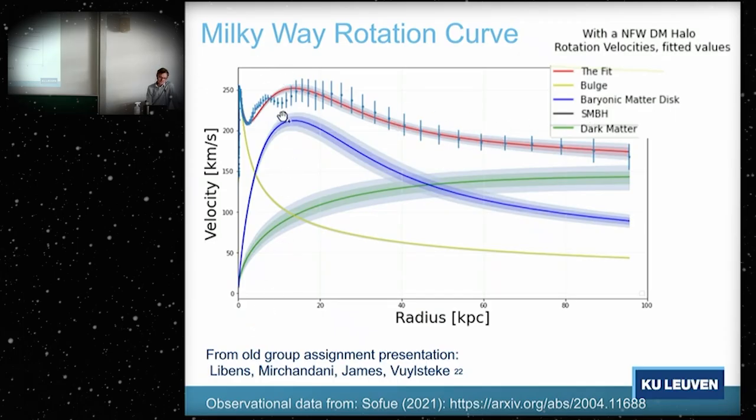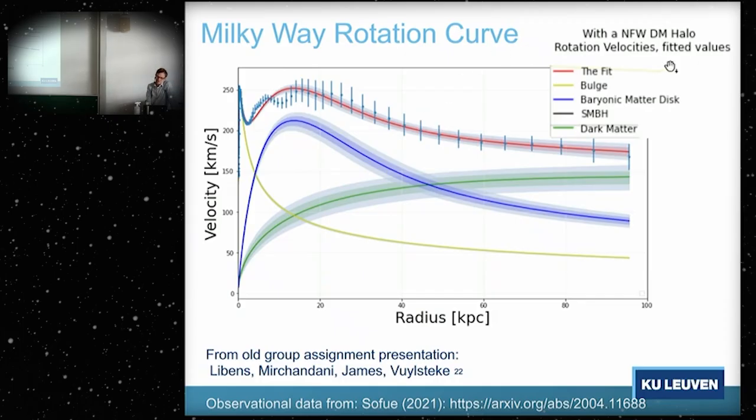We're about there at 220 roughly. And if you only have the disk, you see that it would be much lower and it would have a different form. So in order to fit the rotation curve, a dark matter halo has to be superimposed. Otherwise, we rotate too fast.